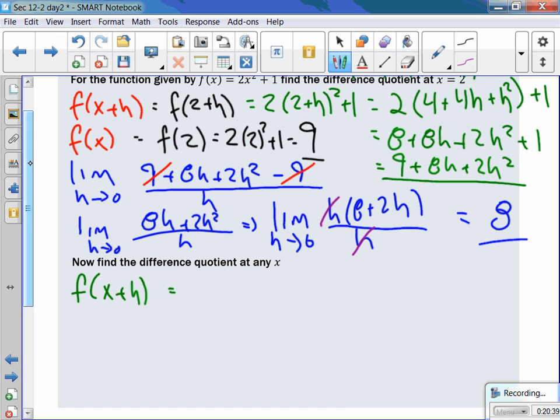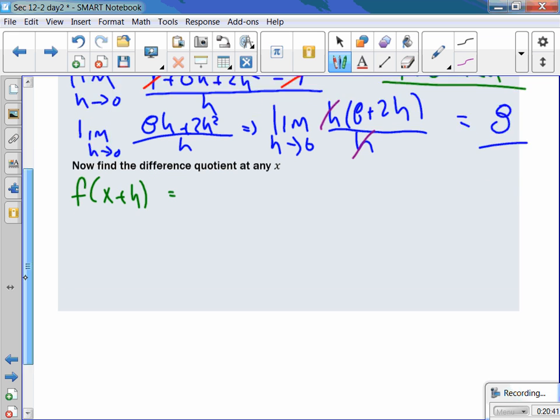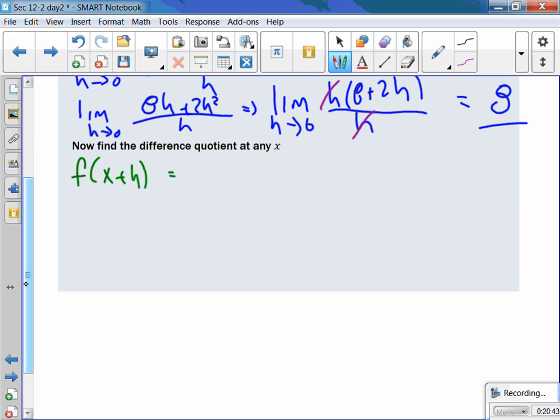So 2 times x squared becomes 2 times x plus h squared plus 1, right? Roll it out. Absolutely.